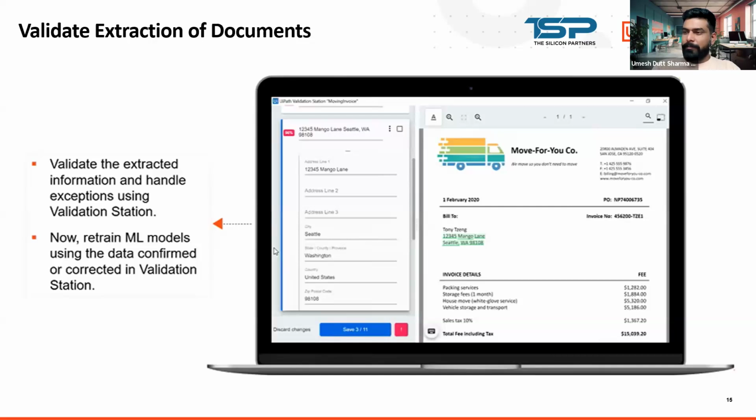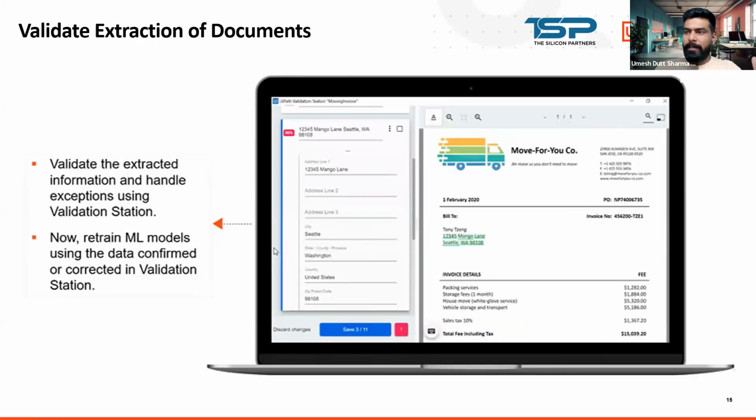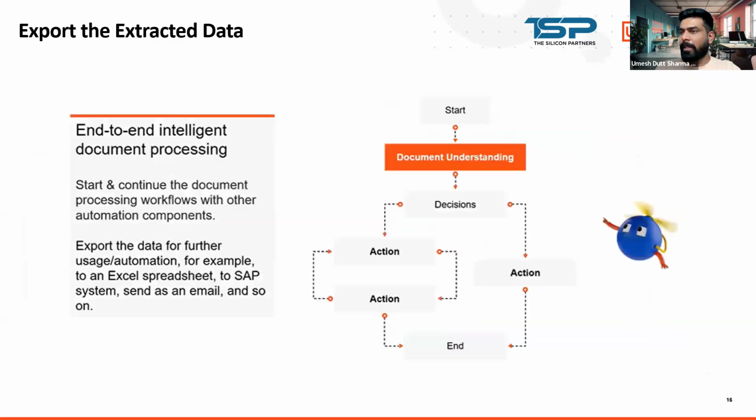So this is required only when you need to have a human in the loop in the process. And the data that is submitted at this step, at the action center, can later be used to retrain the ML model using the scheduling at the ML or the AI center part.